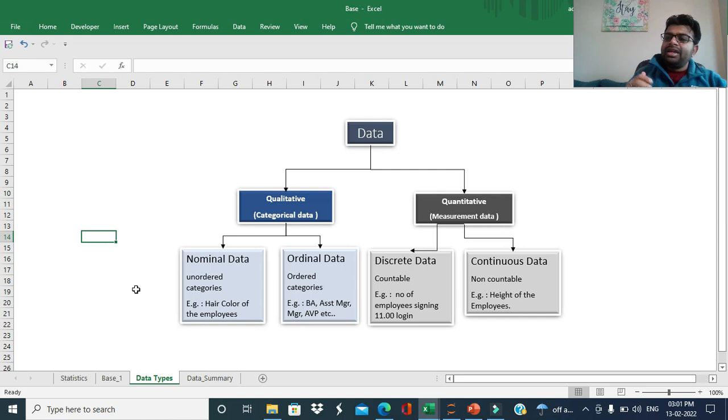For example, any hierarchy of designations in an organization, or military ranks, etc. You can consider those data points as ordinal variables. If we talk about the quantitative variables, a discrete variable is numerical in nature. However, there are certain categories where you can count that particular numeric variable.